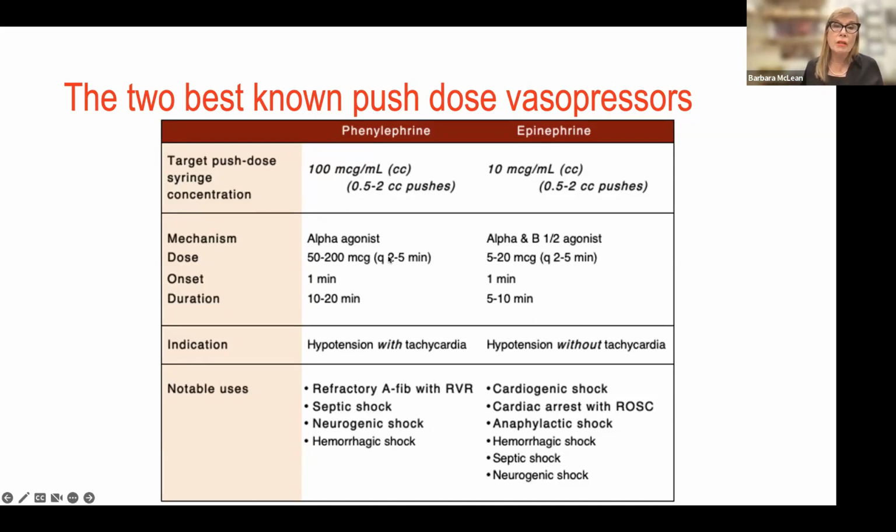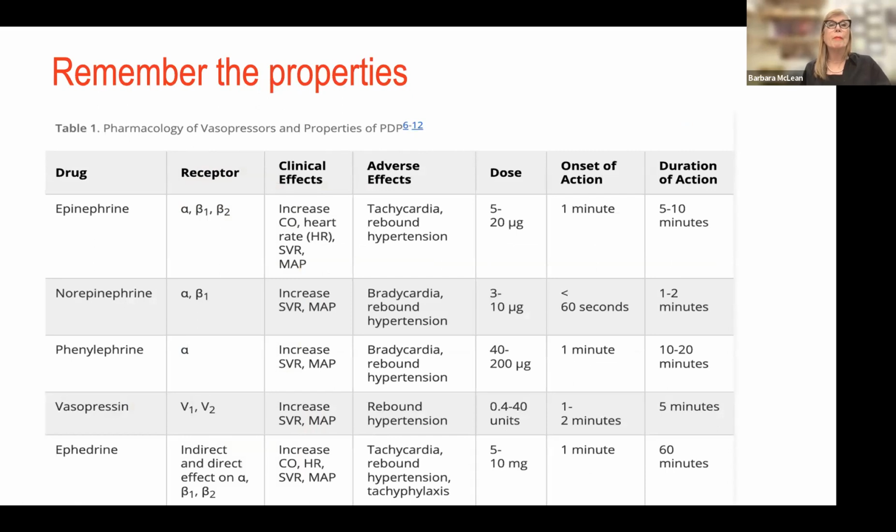We should not give Neo to those patients, only epinephrine for cardiac arrest with ROSC, who we need to bring their pressure up as long as they are not tachycardic. Patients who have anaphylactic shock are also a consideration. So you can see there's not too many differences between these two, except for cardiogenic shock and cardiac arrest with return of spontaneous circulation. Those patients will actually be considered for push dose vasopressor with epinephrine.